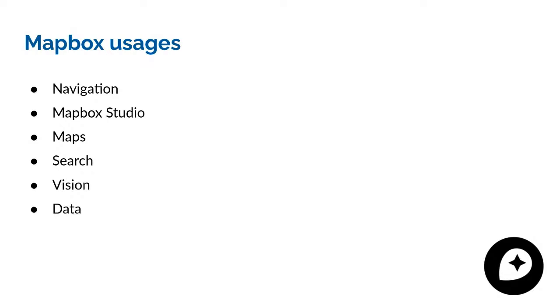Maps, that I already explained. Search, that is, as I said before, for searching places, cities, states, something like this. Vision is a nice feature of Mapbox that uses AI, artificial intelligence, using real pictures on the streets, on the place, to trace the best routes.